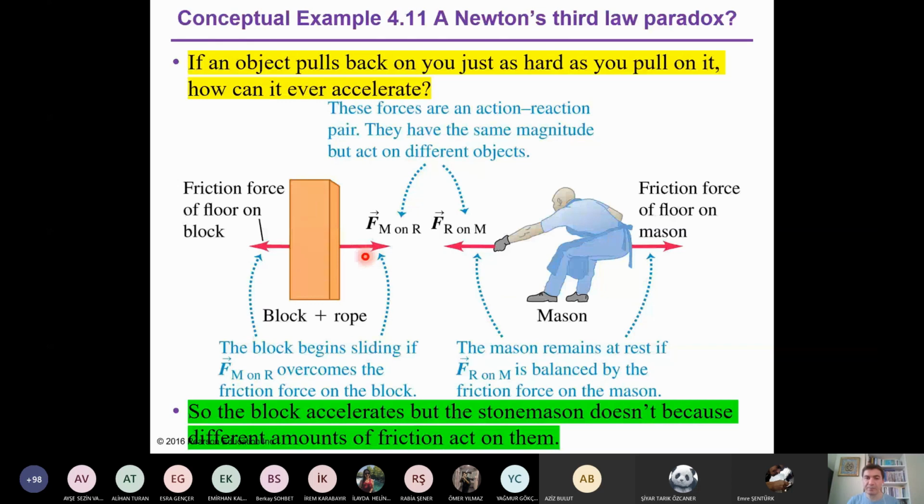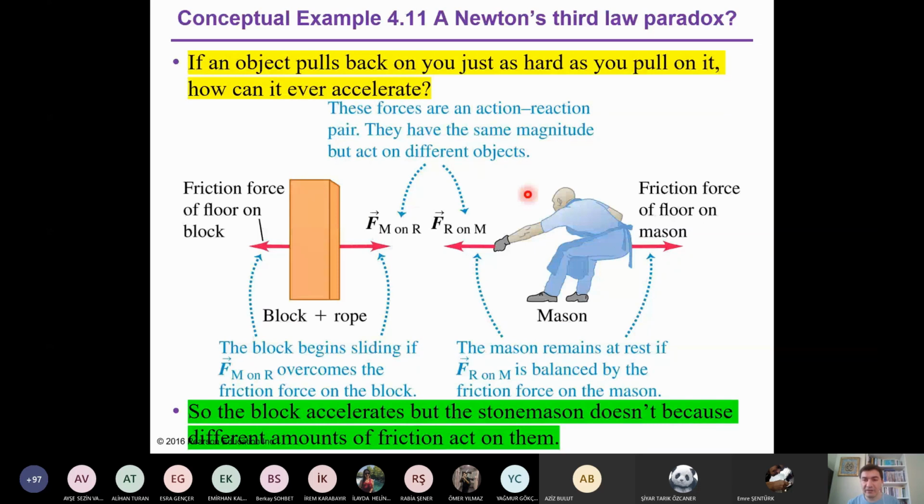So this is the force applied by the mason on the rope, okay? And then the rope applies a force on the mason. So let's consider that they are equal in terms of magnitude, but why does the mason not move, but the block moves?